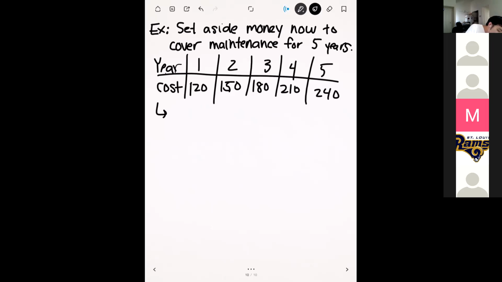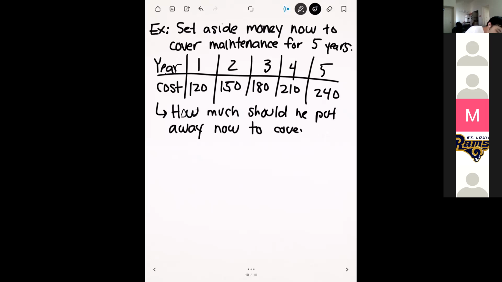So the question is, how much should he put away now to cover these costs if he has an account with a 5% interest rate?